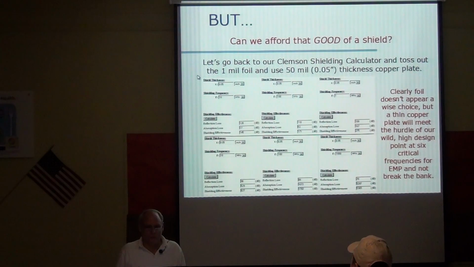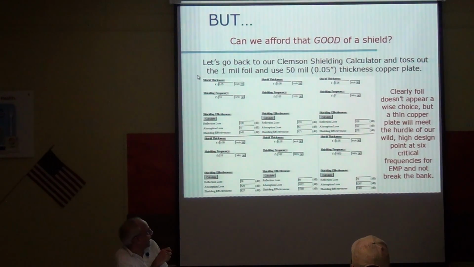Okay, so let's go back to our calculation where we were developing shielding effectiveness, and this time we'll use a 50 mil copper plate rather than just a plain old foil.